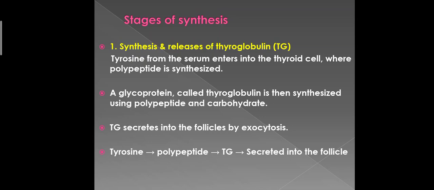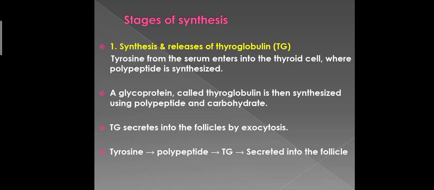As I have already told you, tyrosine is the raw material for thyroid hormone synthesis. So the tyrosine is present in the thyroglobulin. About 70 tyrosine amino acids are present in a single molecule of thyroglobulin, and they are the major substrate which combine with iodine to form the thyroid hormones.